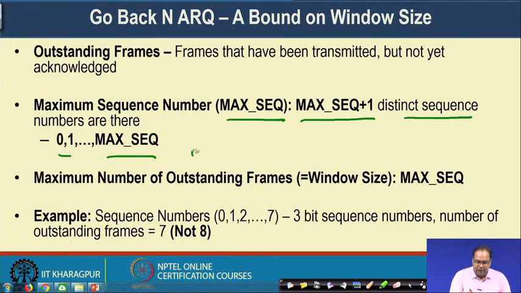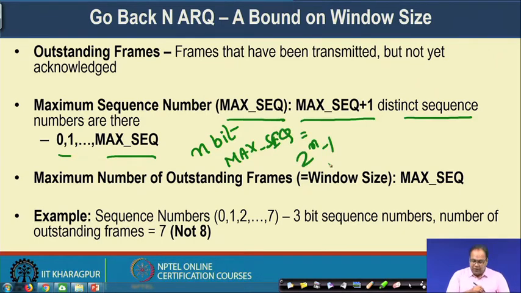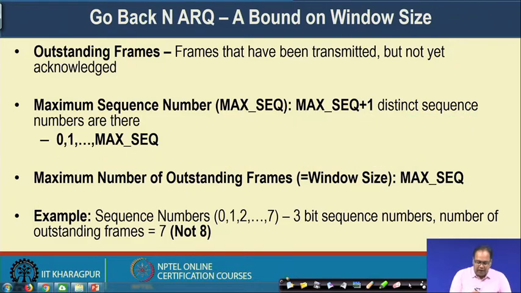If you are using an n bit sequence number, then max sequence is 2 to the power n minus 1. So, you have from 0 to 2 to the power n minus 1 as your total sequence number space. Now, assume the maximum number of outstanding frames is equal to the window size.